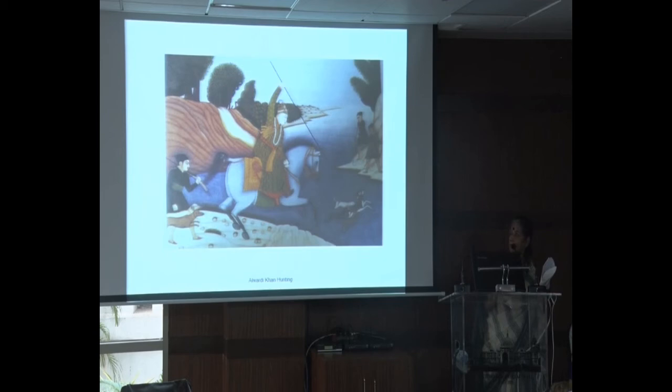Next. Yeah, Ali-Vardi Khan shooting. So the concept of the landscape, where there are also woodlands and rivers, is there. But at the same time, they're learning how to depict perspective.